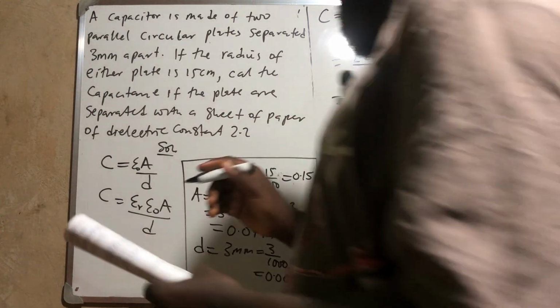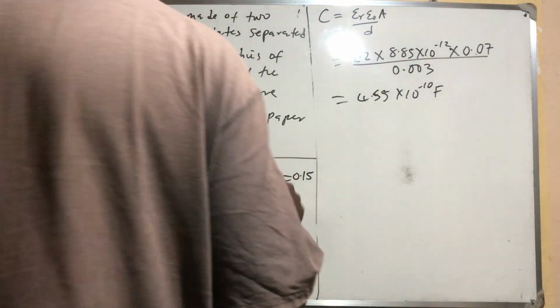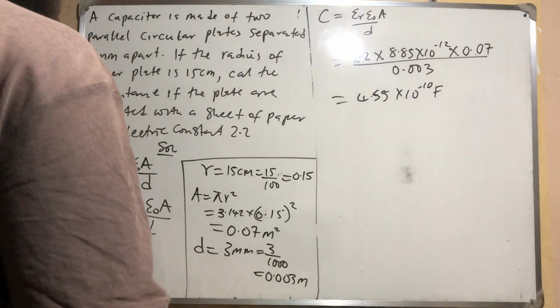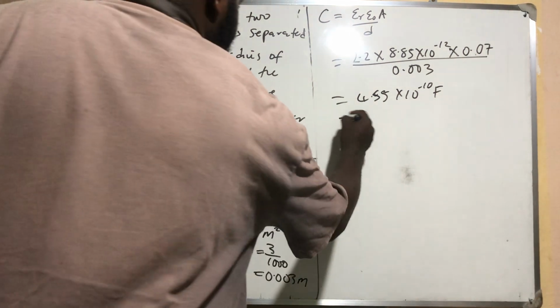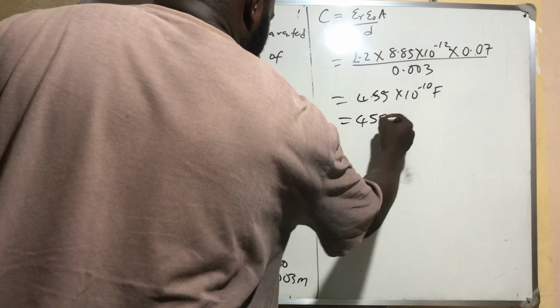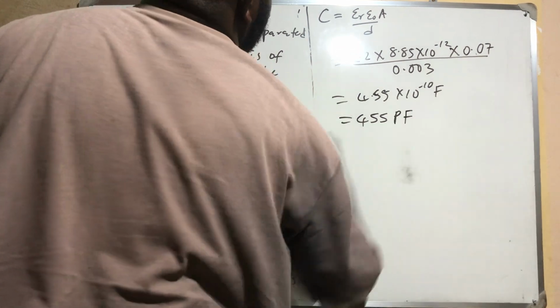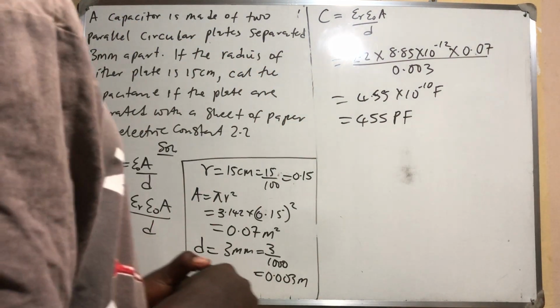All right, and 10 raised to the power minus 10 can be written as picofarad. They say that this is equal to 455 picofarad. So how do you get picofarad?